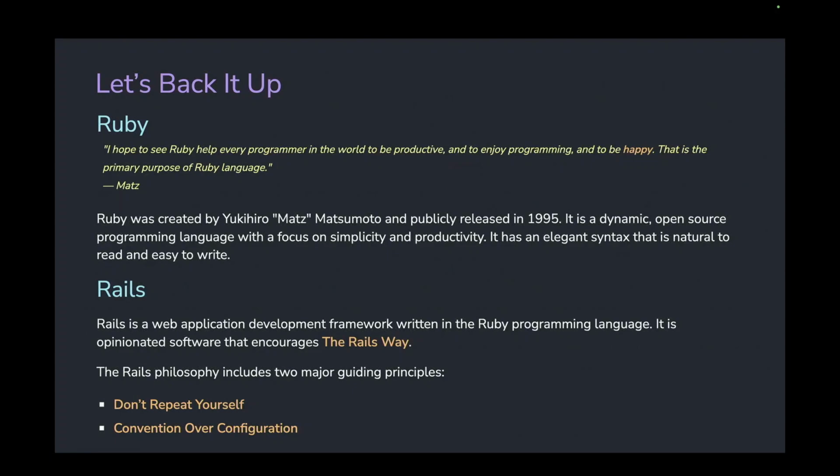So this way you're not trying to go through the code base and change different places where you have the same thing written over and over again. And then convention over configuration, it's just embracing the defaults that Rails has set. So you don't have to go through minutiae with configuring files.